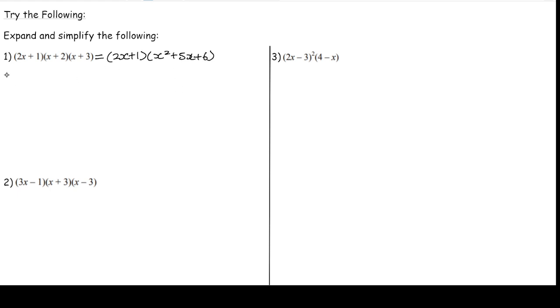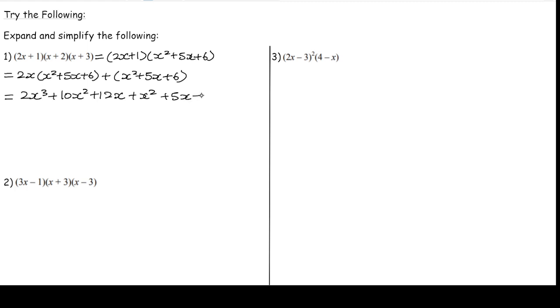Then we're going to multiply each of the two terms in the first bracket to all of the terms in the second bracket. So you would have 2x times x squared plus 5x plus 6, followed by a plus 1 lot of x squared plus 5x plus 6. But we don't need the 1, so I'm just going to put brackets around the term. Now expanding that gives you 2x cubed plus 10x squared plus 12x plus x squared plus 5x plus 6.